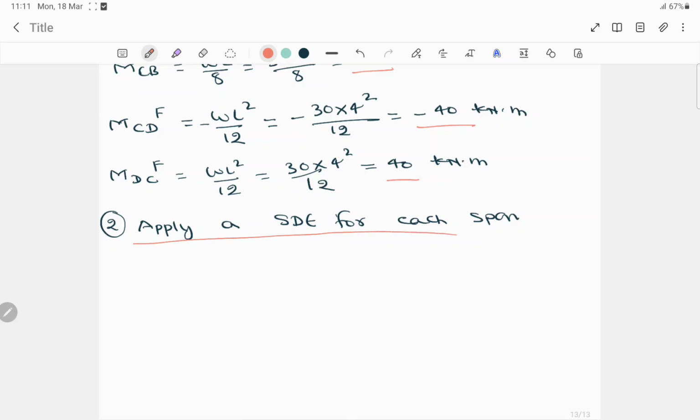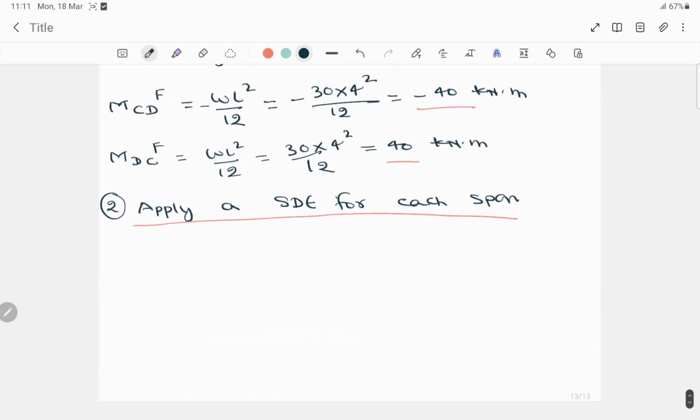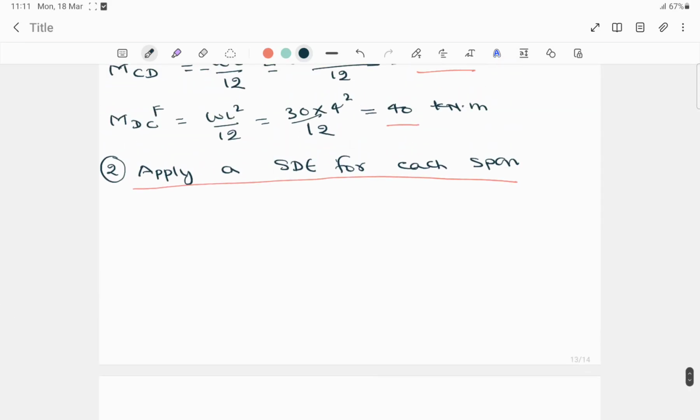So for each span, we know the formula for the slope deflection method, and here also we have to find it for each span.